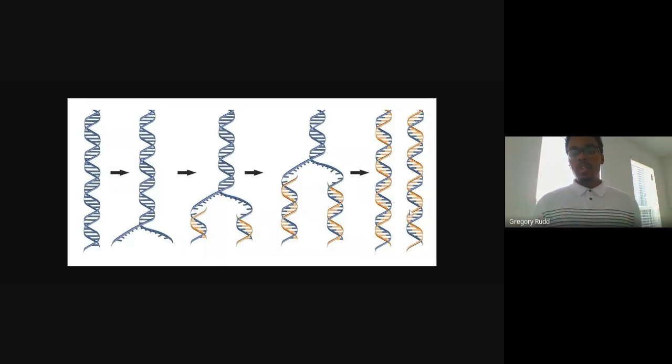So each new strand is made up of half of the original strand and half of the new strand. So in some ways, they are not exactly identical because each original strand is slightly different. And of course, there are potential mutations, but they are copies of one another. So that's kind of what we mean by identical here.